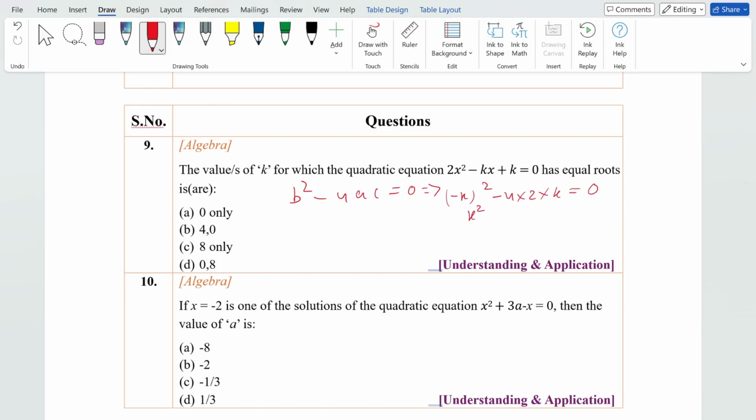This is k square minus 8k equal to 0. So k square equal to 8k, k equal to 8k by k, so this is 8. So the answer is k equal to 8.